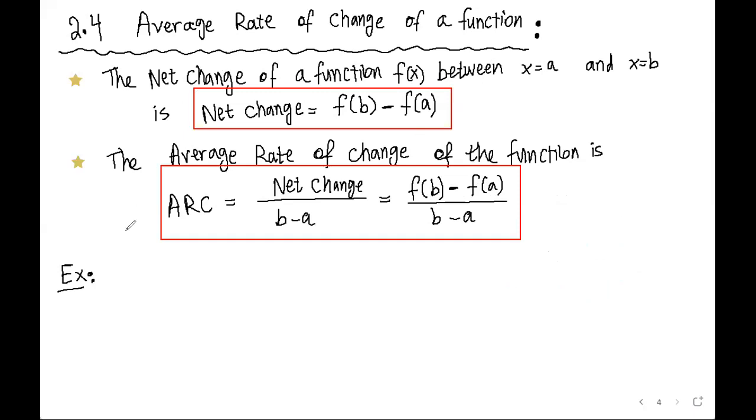So the example now: let the function f of x equal 3x minus 5.